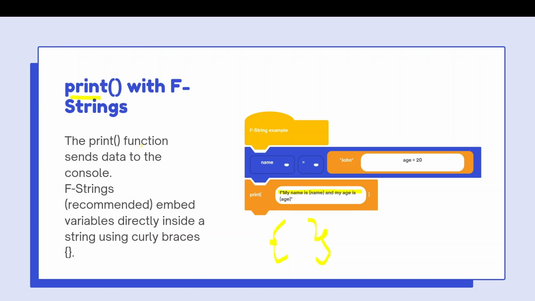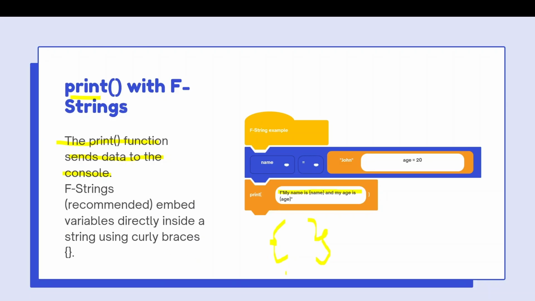The print function sends data to the console. Here it is written that a print function is used to send data to the console, and f strings let you embed variables directly inside a string using curly braces. We are not calling the variables; we are just using our variables directly inside a string using curly braces.